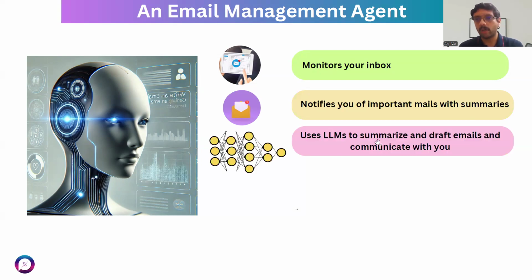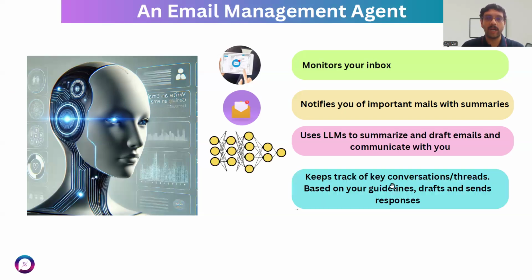How does it do that? It uses language models. It leverages the language models to read through your emails, summarize them, and communicate that summary to you. If it's a smart email agent, you could also point it to key threads and ask it to keep the conversation going.